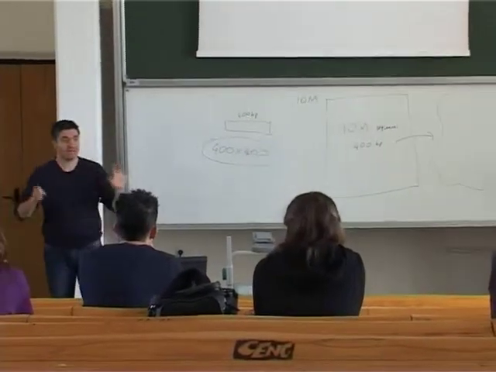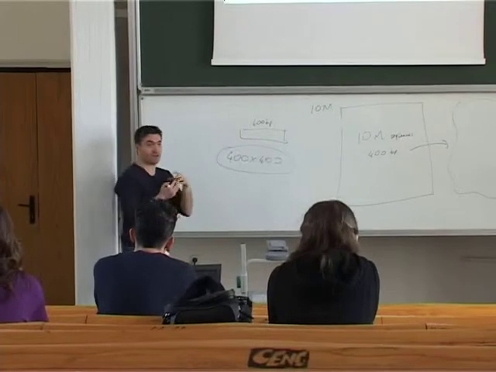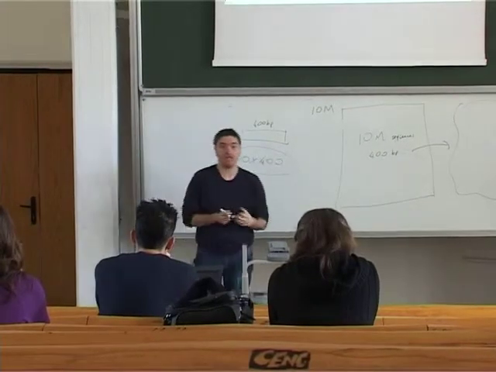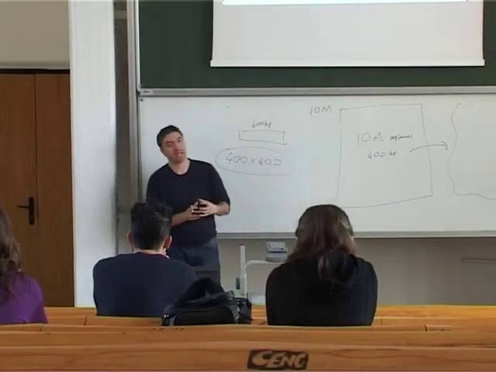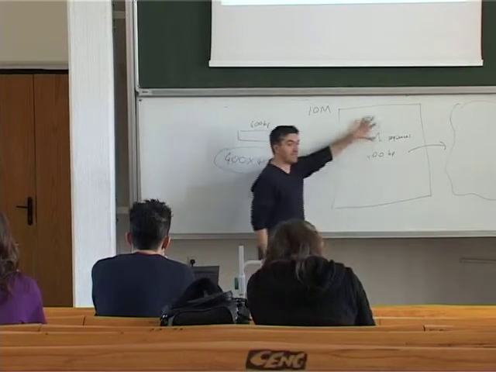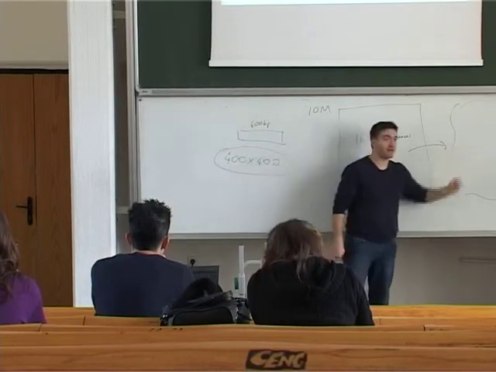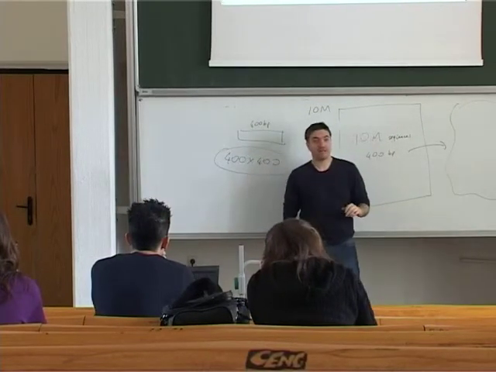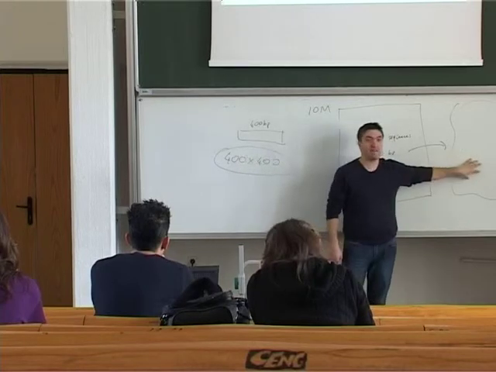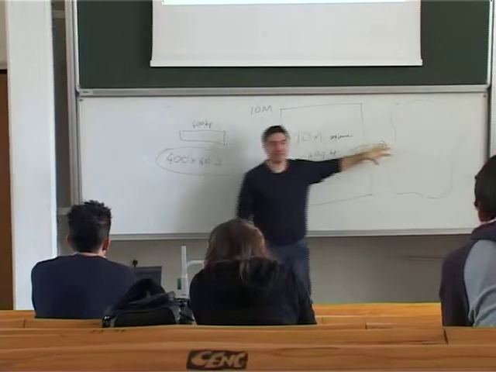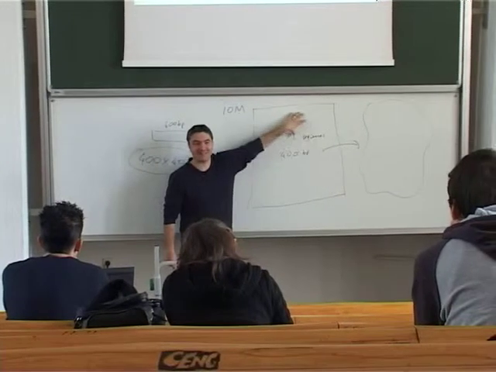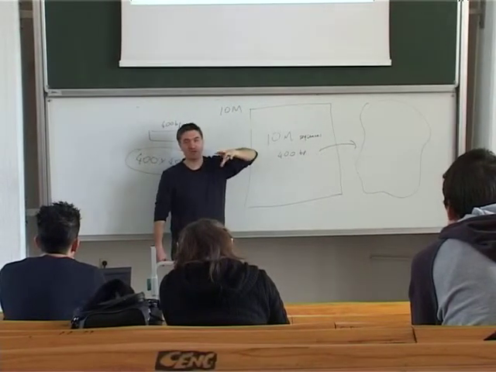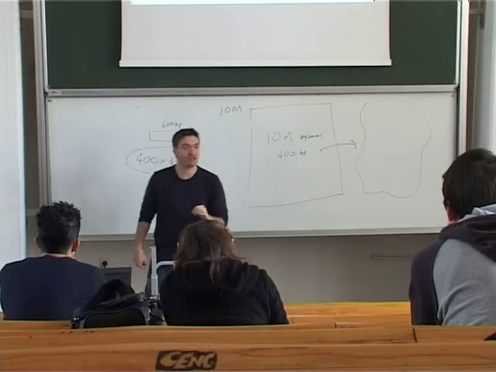So BLAST has these two components. When you're building a database, you need to index it, meaning that you process it and convert it to some other format. In some cases, these indexes can be much larger than the original sequence file itself. So this is also another factor in database research.